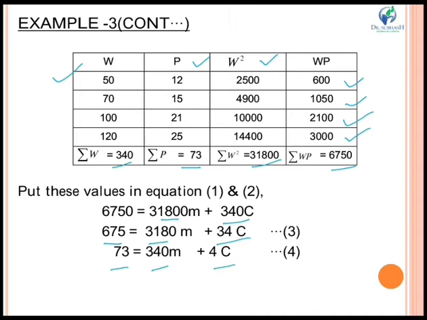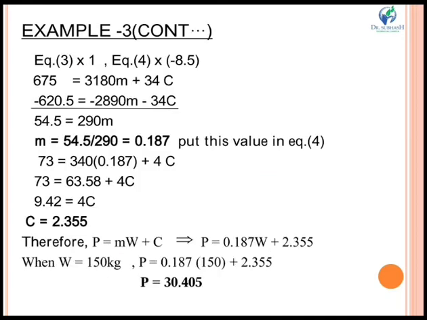Now I will solve equation 3 and equation 4 using elimination method. So equation 3 will be multiplied by 1 and equation 4 will be multiplied by minus 8.5. So here I will eliminate C. When I multiply these two equations, I get our equations like this.